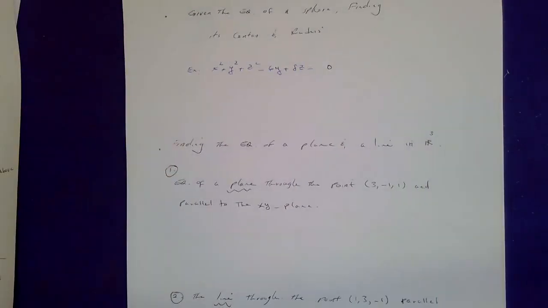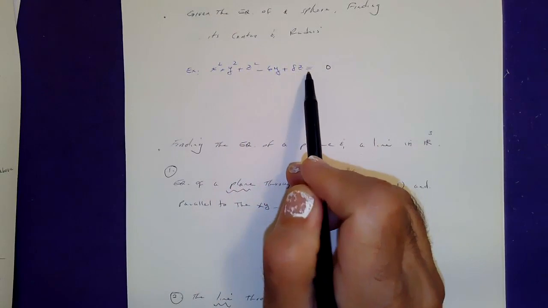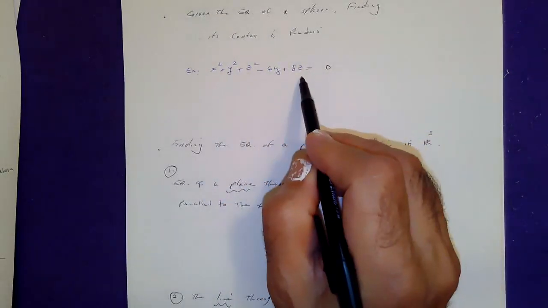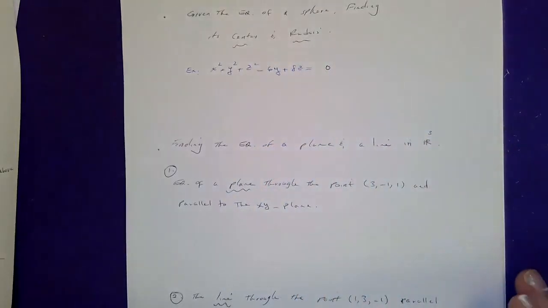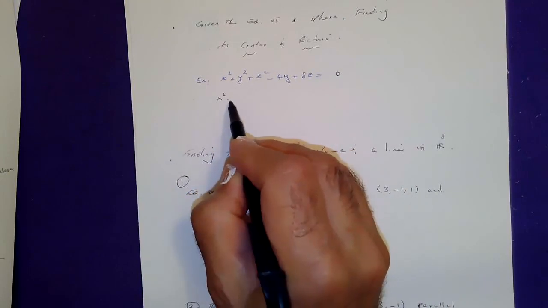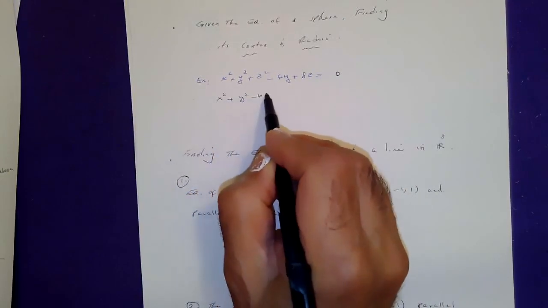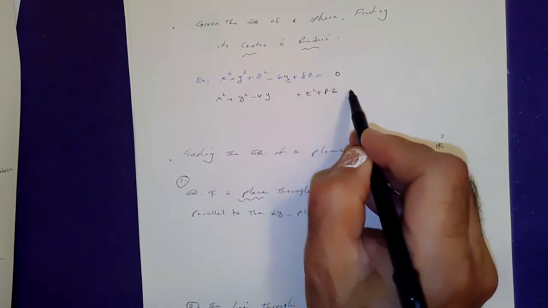Okay, sometimes the equation of the sphere is given to us in general form. So the question is, by looking at this equation, can you find the center and the radius of the sphere? Well, what we have to do is complete the square here, like so. Okay, there you have it.